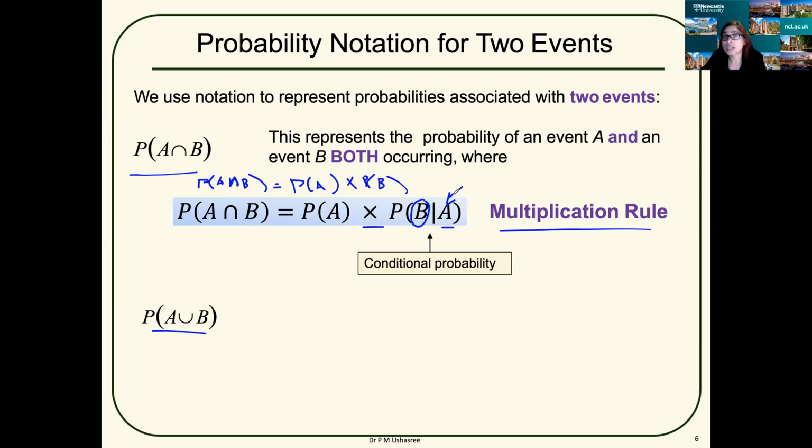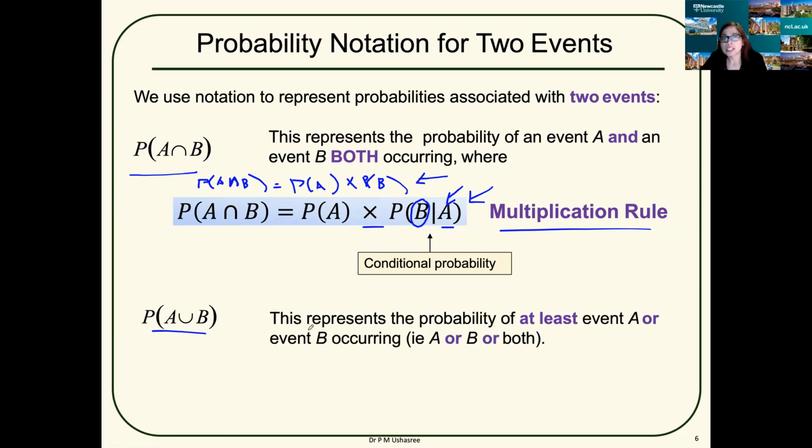That is why I have this conditional probability. So we can have events of this type or events of this type. That is, when A and B are independent of each other, like tossing a coin, or when the happening of A is affected by B or the happening of B is affected by A.